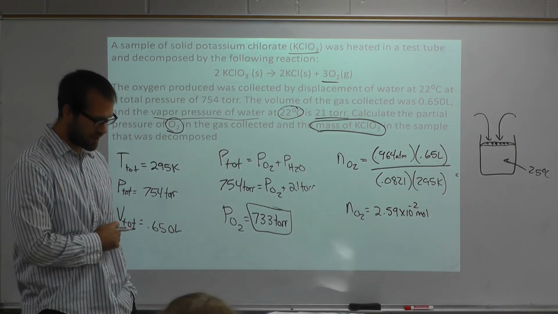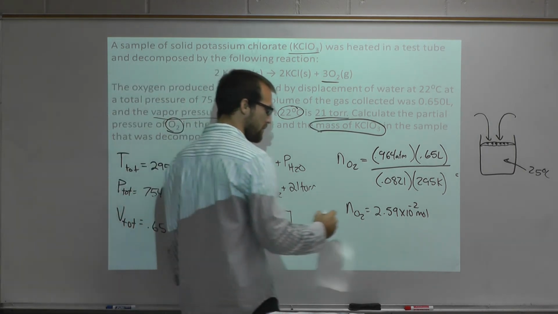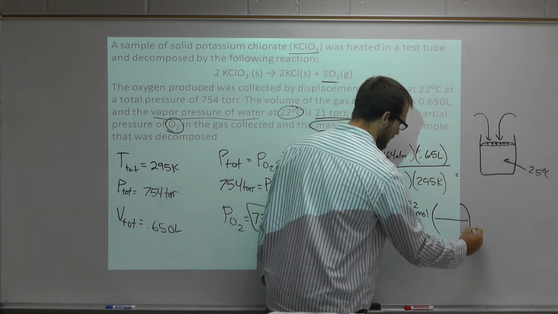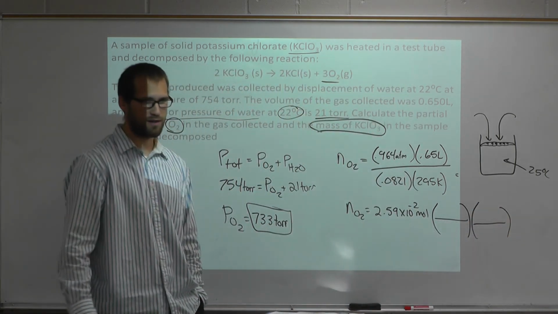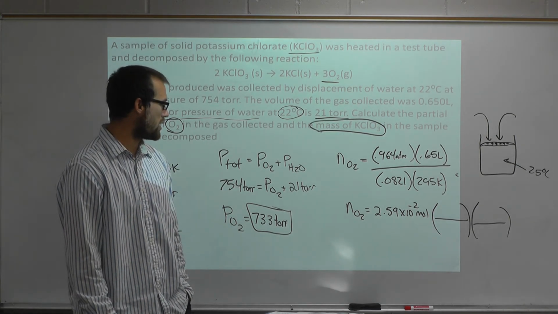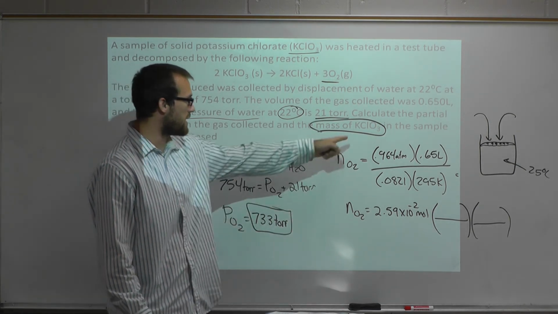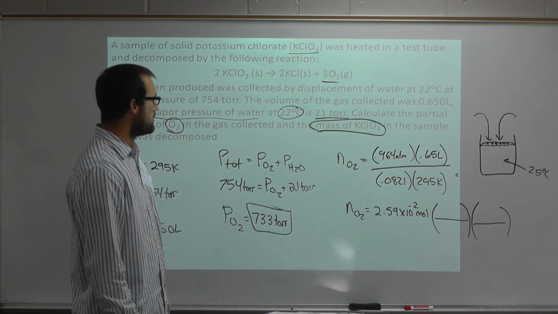And then we would finish by doing stoichiometry. Since we're already at moles, it's a two-step process, not a three-step process, right? Okay, I want to get over the bridge so I can get to moles of my KClO3. The ratio looks to be a 2. Okay.